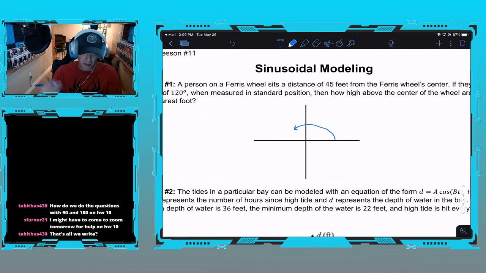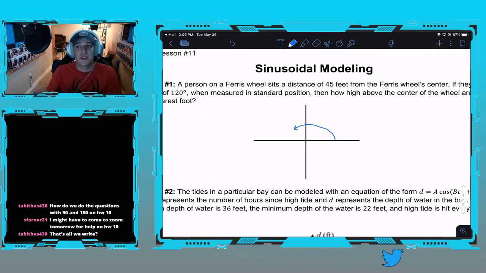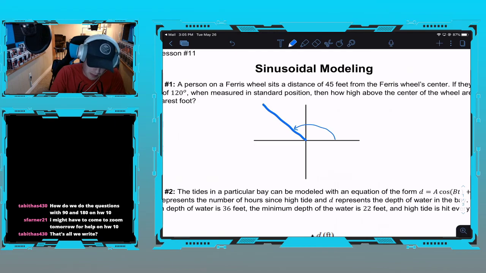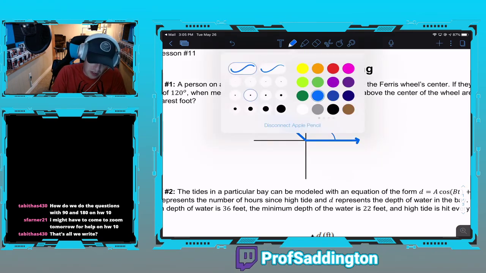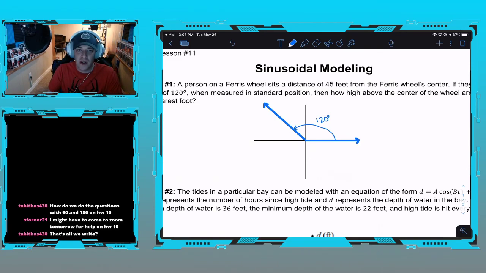Everything that we're doing today is stuff that I've already taught you guys before. It's just going to be done with word problems. So we know that we're going to be up here in the second quadrant, and we just found 120 degrees. Now we're on a Ferris wheel.